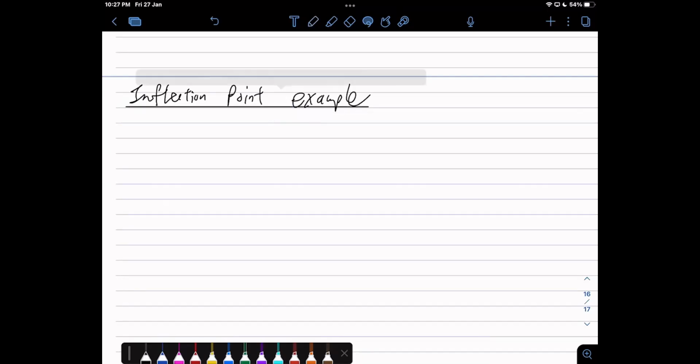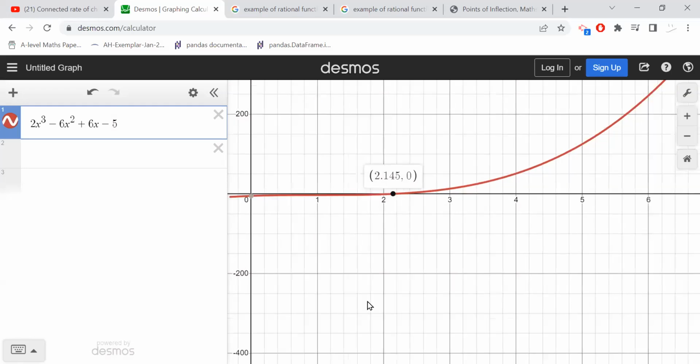Okay, I will explain that concept of too big, too small soon after the inflection example. So let's start with this first example. Y equals 2x cubed minus 6x squared plus 6x minus 5. Okay, let me show you the decimal screen here. Okay, this is how the graph looks.